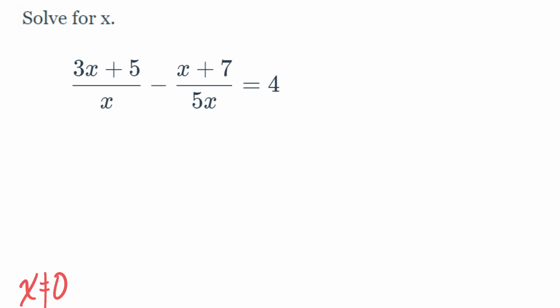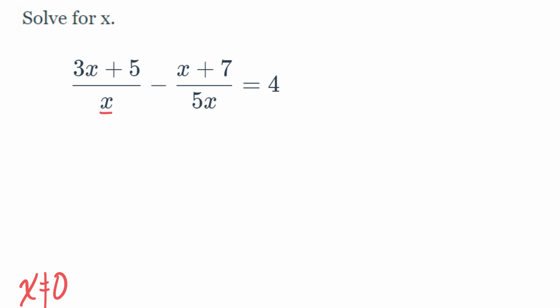So as we can see here, what we want to do is eliminate denominators. And we can do whatever we want in math as long as we do it consistently. So if I wanted to get rid of this denominator, what I would have to do is multiply each term by x.